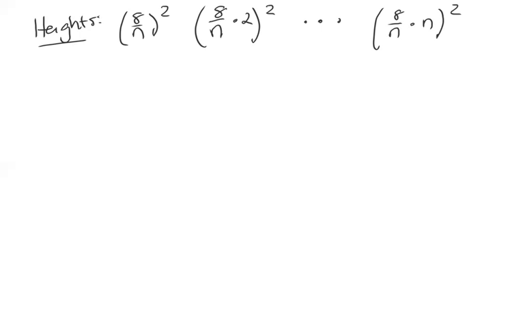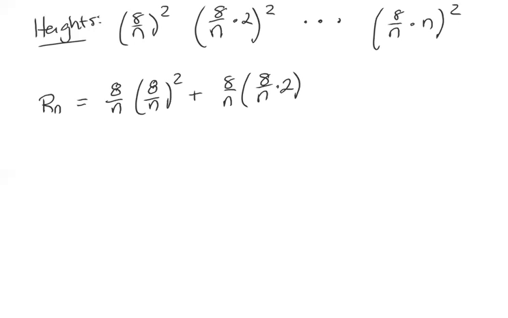Well, that allows us to find an expression for Rn with n rectangles. It's the base of each rectangle, 8 over n, times the height. First one is 8 over n times 8 over n squared, plus 8 over n times 8 over n times 2 squared, plus 8 over n times 8 over n times 3 squared.